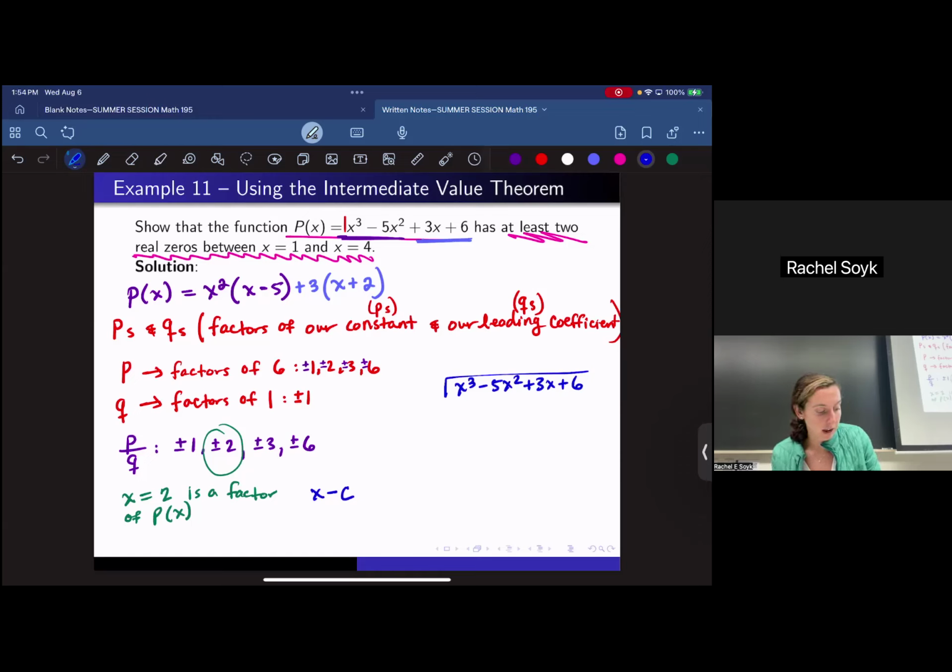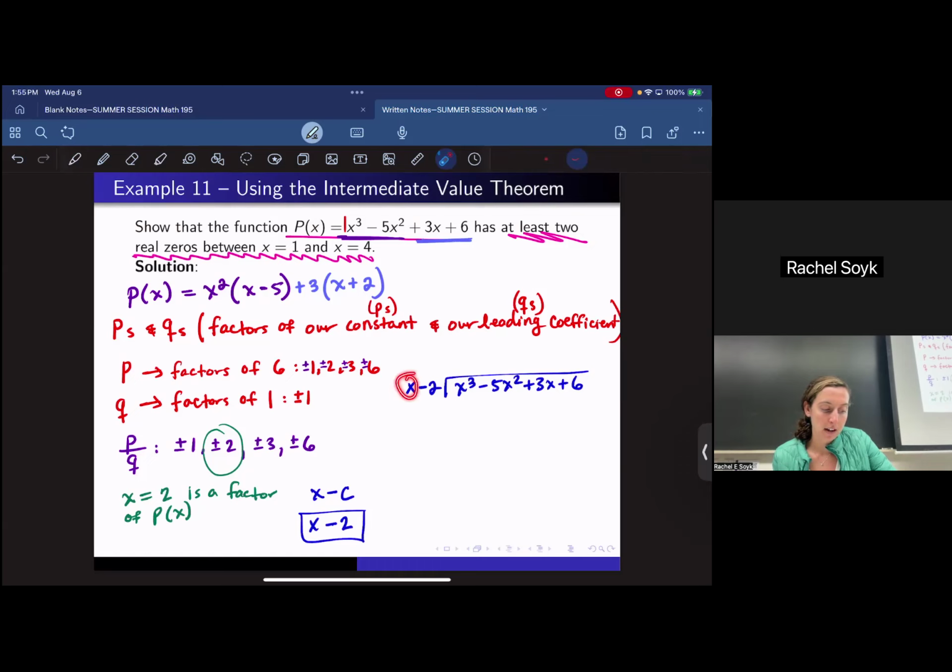So we have x minus 2. That's what we're dividing it by. How many people, raise of hands, have dealt with long division before for polynomials? Okay, all right.